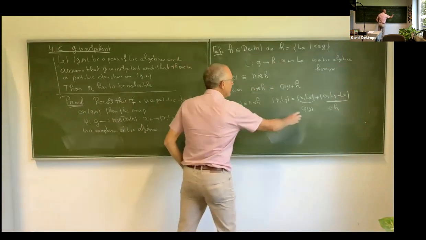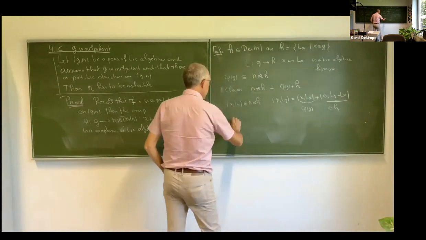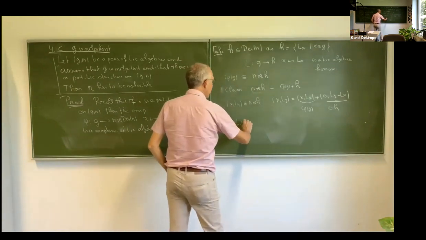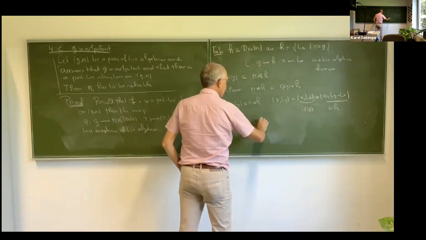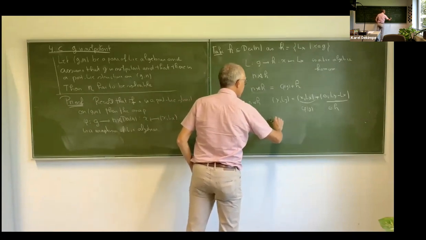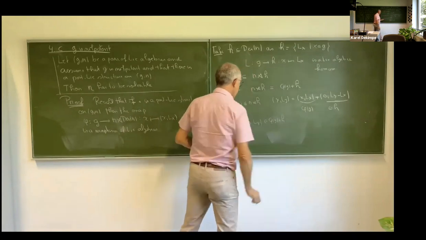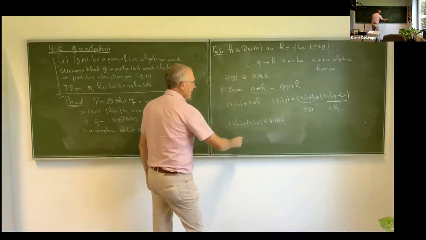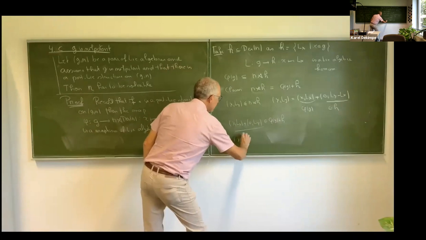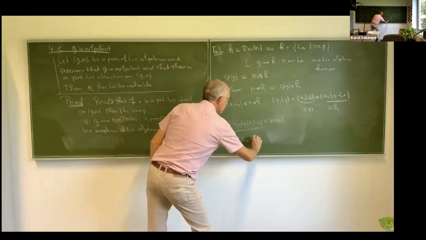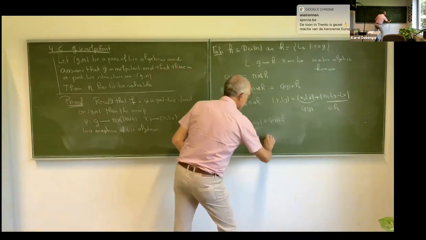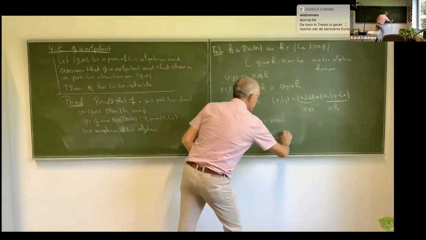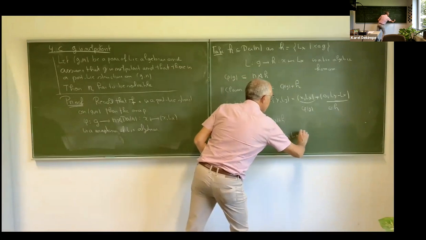If you take an element from this space, there's an element of the form L of x plus an element from H. So if you take an element over here, then of course, this is (x, L of x plus L of y), which is the same as (x, 0) plus (0, L of x plus L of y).